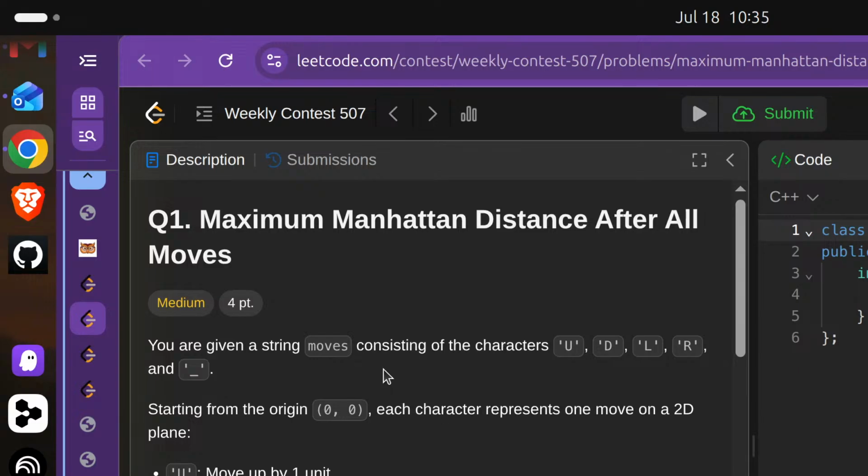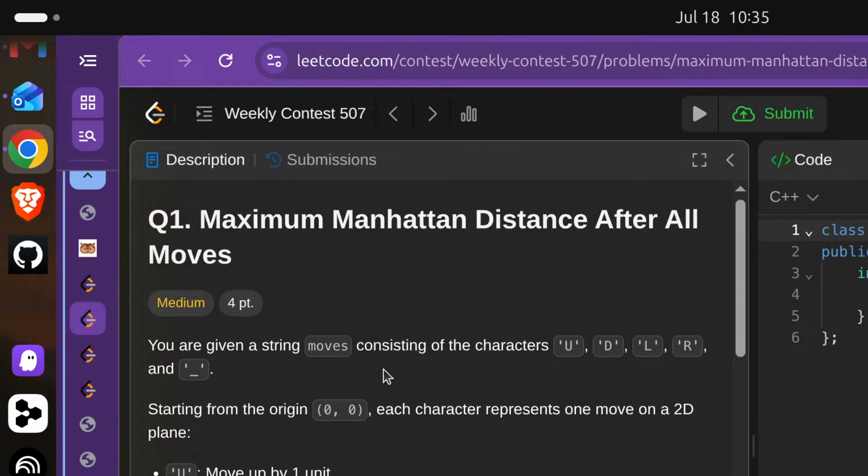You are given a string moves consisting of characters U, D, L, R and underscore. Starting from the origin 0, 0, each character represents one move in a 2D plane.